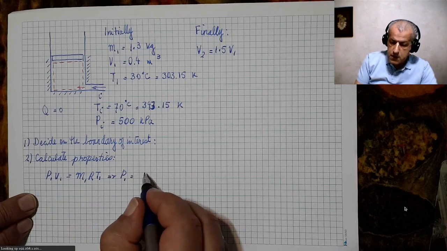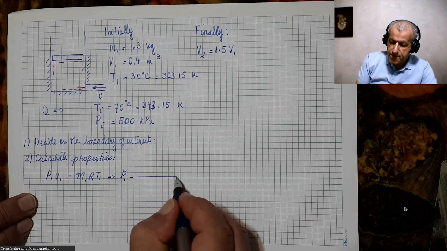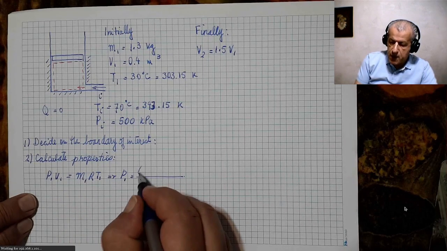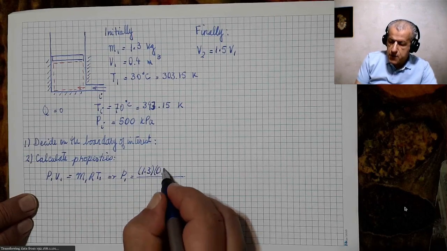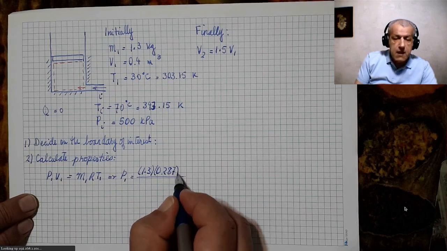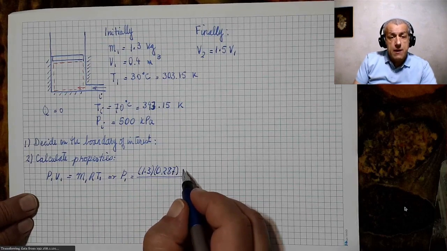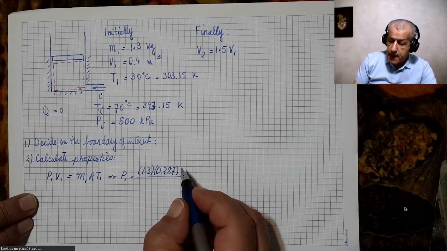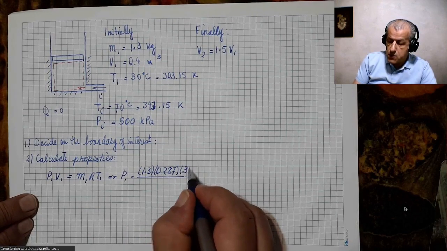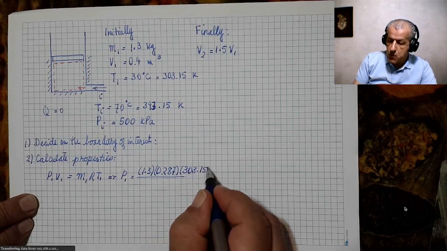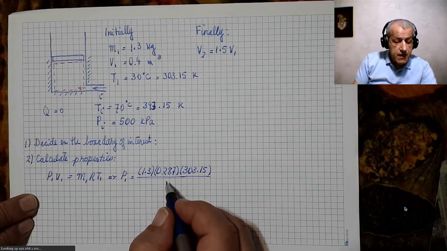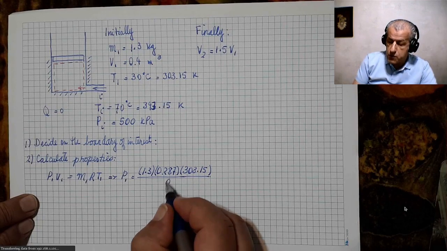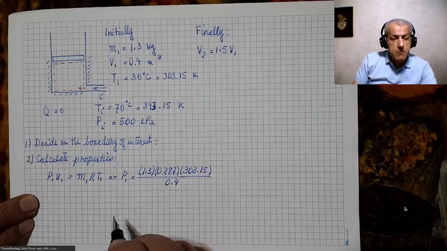That's how we do it. P1 equals initial mass 1.3 kilograms times 0.287 kilojoules per kilogram Kelvin, and T, which is 303.15, divided by the initial volume, which is 0.4 cubic meters.